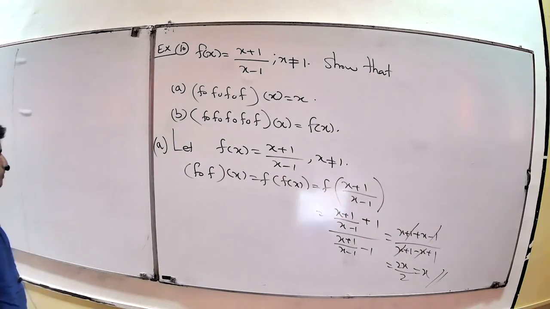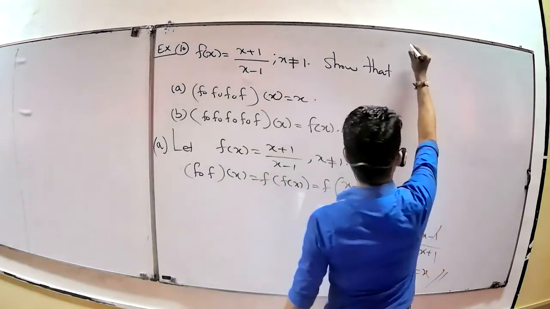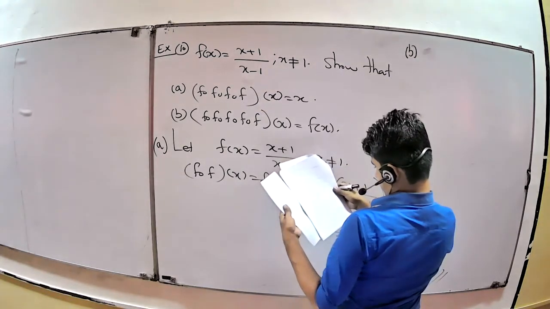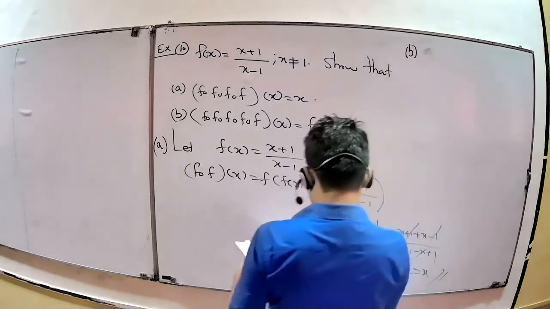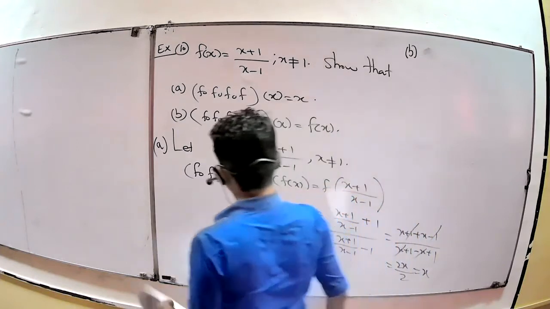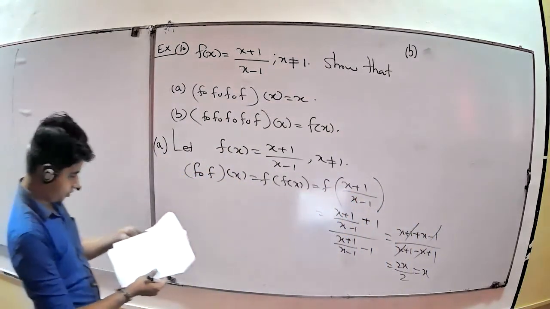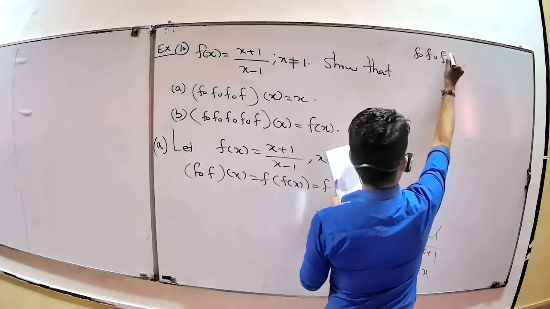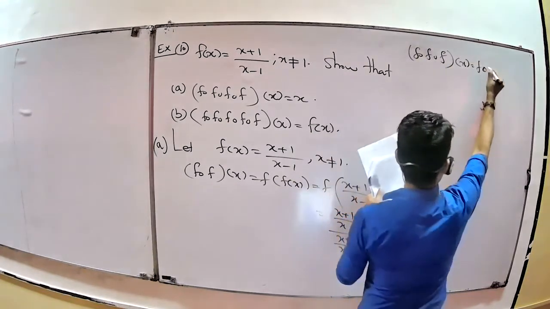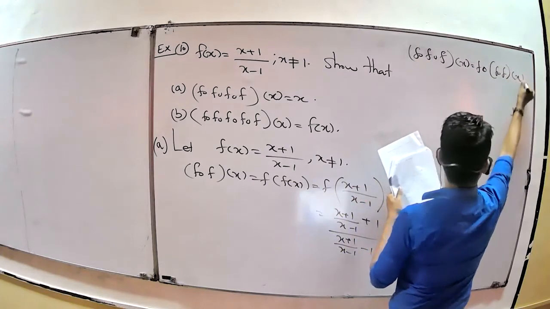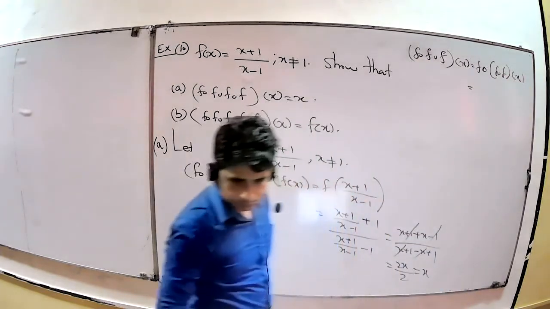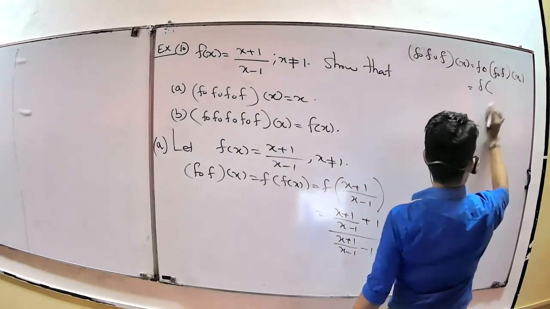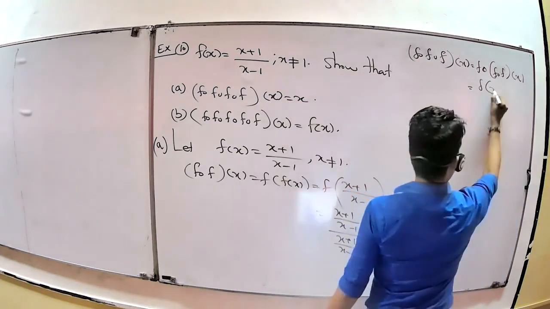Now the B part. Now we move to the three-fold composition function. f composition f composition f of x: you already proved that f composition f of x is x, so this becomes f of x.